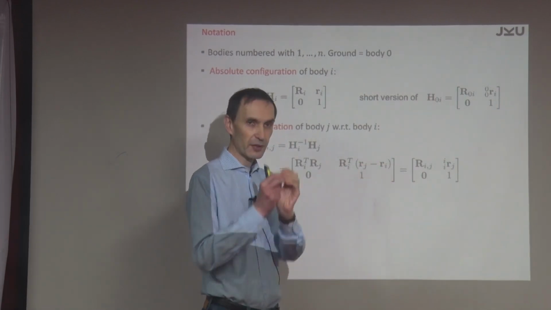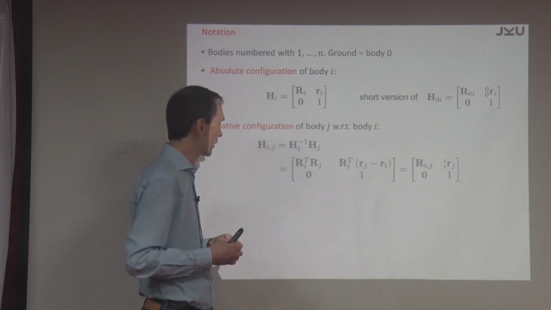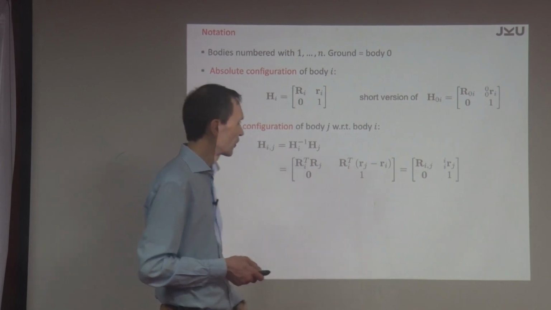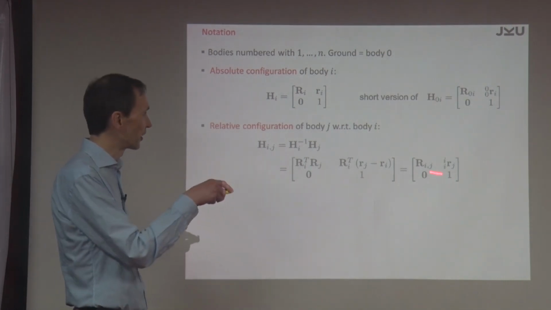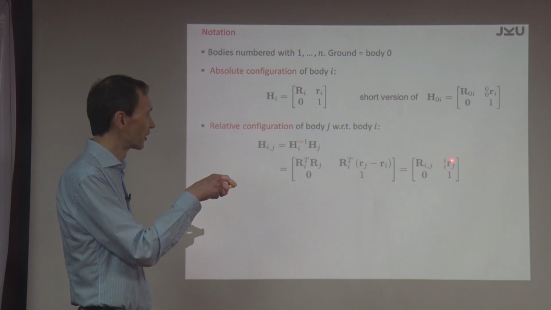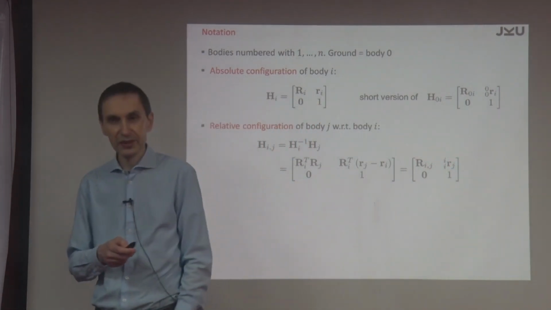This is the vector in the space fixed frame, and then you transform it back to the frame I. And this is, of course, the relative rotation from j to I. So in Hij we have Rij, and of course the displacement from I to j. And that's it. Not complicated, I guess.